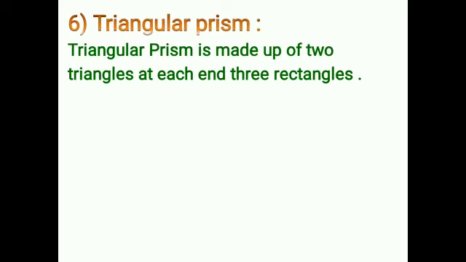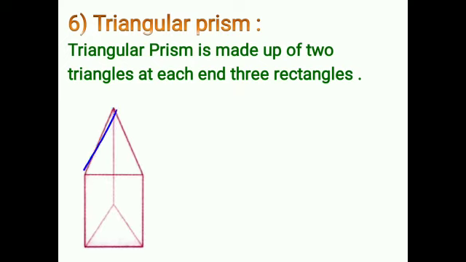Now the next one, type number 6, is the triangular prism. A triangular prism is made up of two triangles at each end and three rectangles. See here, this one is one triangle, this one is the second. That means there are two triangles, upper and lower. Now the next condition is three rectangles.